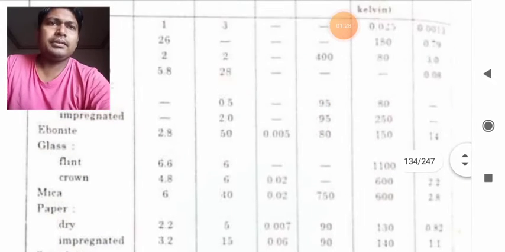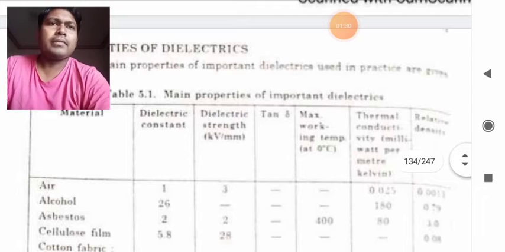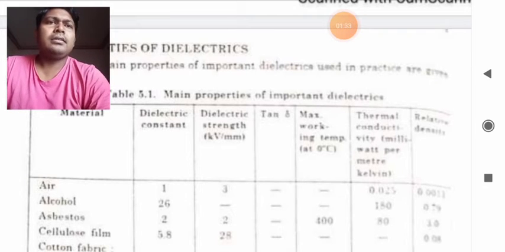So these are the materials, and correspondingly their dielectric constant, dielectric strength in kV per mm, and all other factors are given.